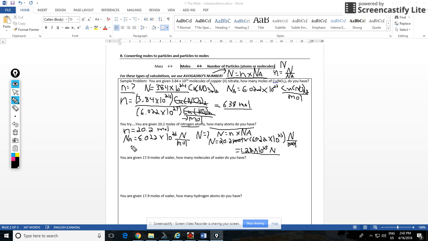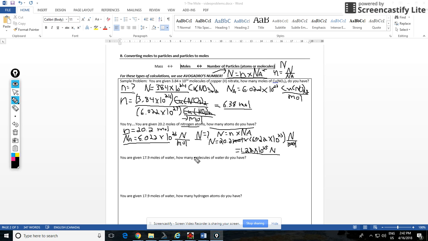So the reason I knew to go for Avogadro's number is because I was asked for number of particles, and I had the number of moles. If I have the number of moles and I want to find the number of particles, all I need is my Avogadro's number. I can do the multiplication, and I get my number of particles.